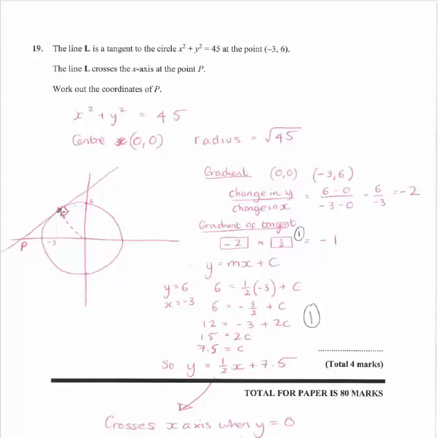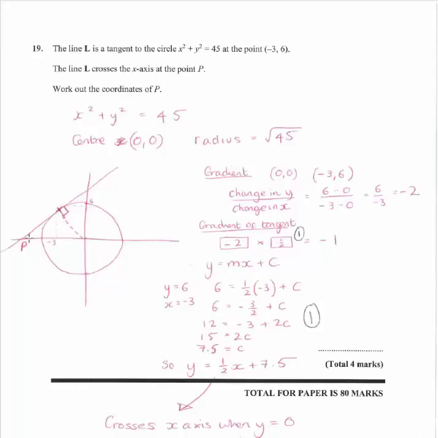Now, as we go from here to here, our change in y is going from 6 down to 0, and our change in x is going from -3 to 0. So when we divide those two changes, 6 divided by -3, we get -2. A quick double check: this line is sloping downwards and we get a gradient of -2. That's making sense.